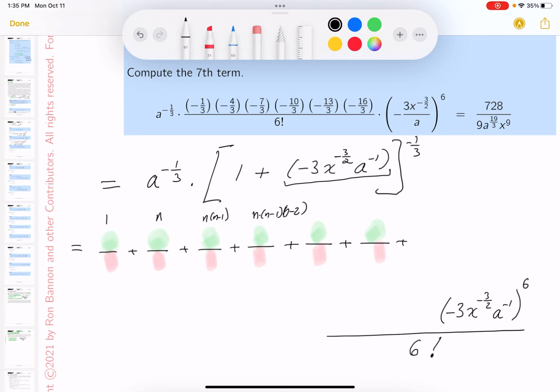I don't want to keep writing them down, by the way. So let's see. 1, n minus 1, n minus 2. I'm just going to talk about the last factor now. N minus 3, n minus 4, n minus 5. I'm going to write that down now. We'll do it one step at a time. Don't worry about that. What's the n? Minus 1/3.